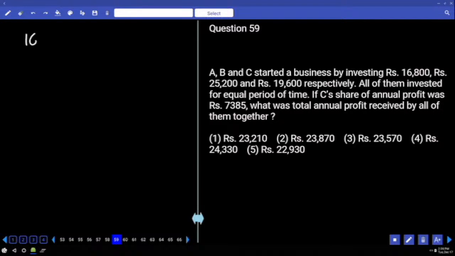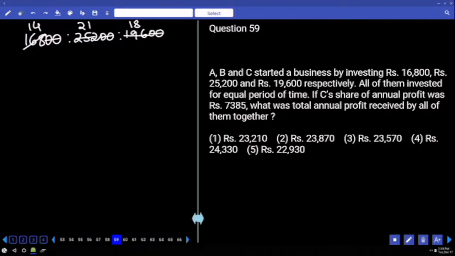A investment 16,800. B investment 25,200. C investment 19,600. Cancel 2 zeros, 2 zeros, 2 zeros. 12 14 times, 12 21 times, 12 18 times.